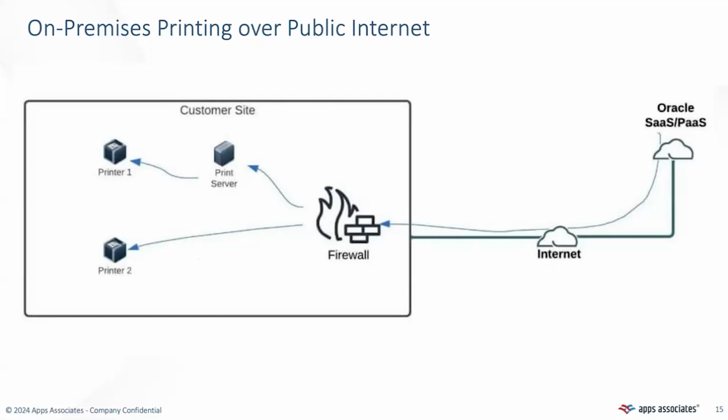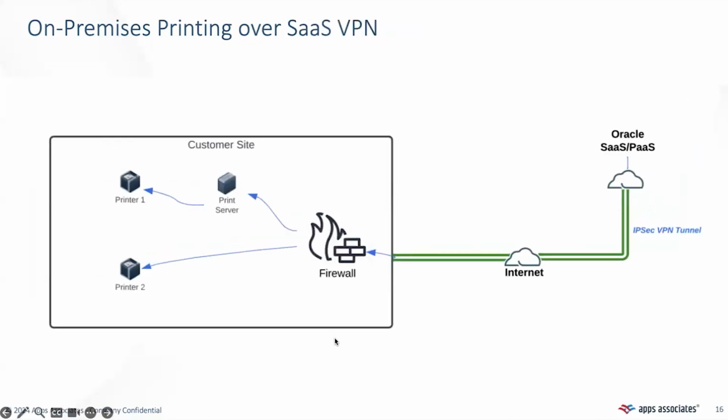The only thing is it should be SSL enabled for this to work, and the printer has to be an SSL-supported printer. Okay, so yeah, the next option is similar to the first option, with a secure IPsec VPN tunnel, firewall and everything.